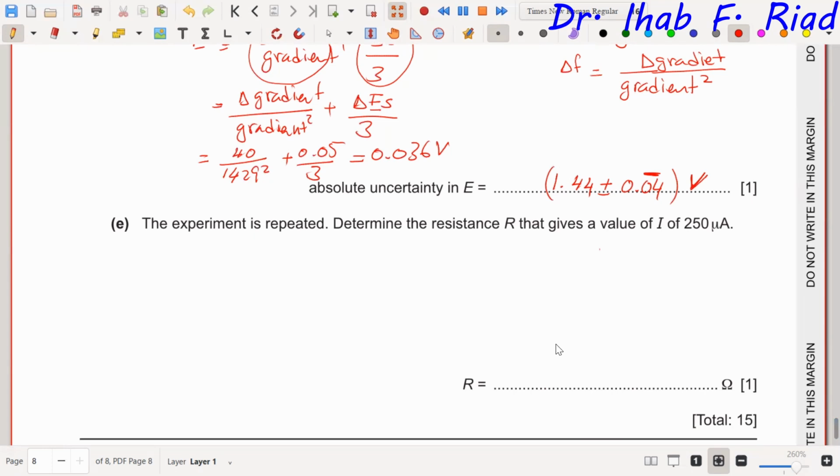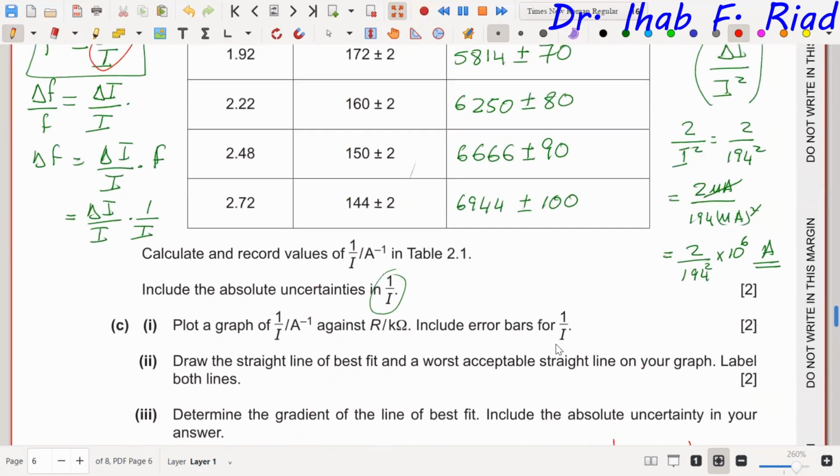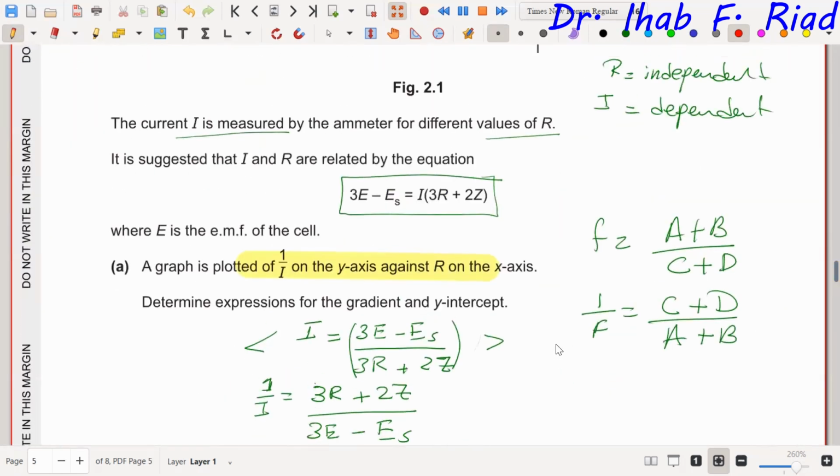Okay. Now, final question. The experiment is repeated. Determine the resistance R that gives a value of I of 250 microamps. Okay. Now we go back to the equation, right? This is our equation. We rewrite it as R a function of the equation.